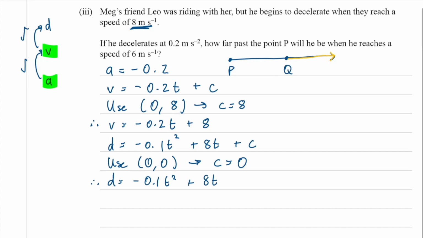Cool. So now, again, let's reread the question. How far past the point P will he be when he reaches a speed of 6 meters per second? So we have the distance equation, but again, to find distance we need time. However, the question is asking when he's at a speed of 6 meters per second. So let's use our speed equation.